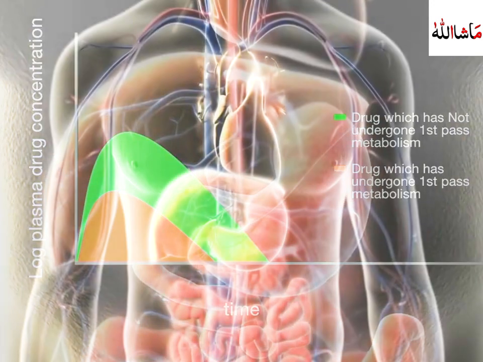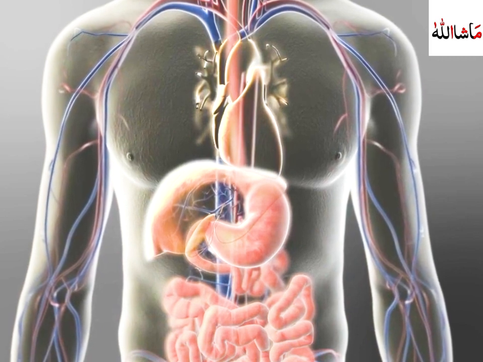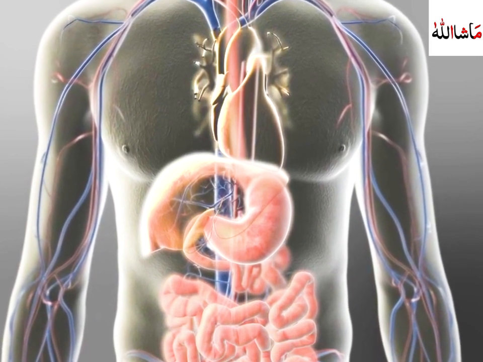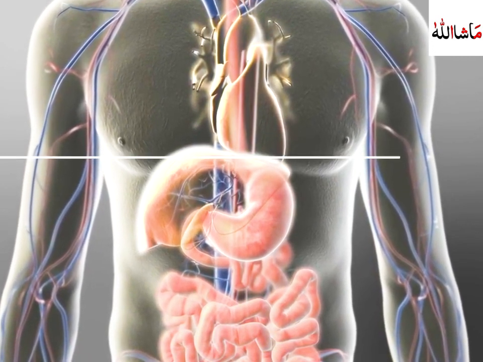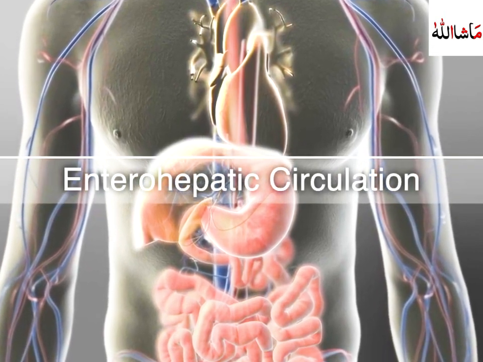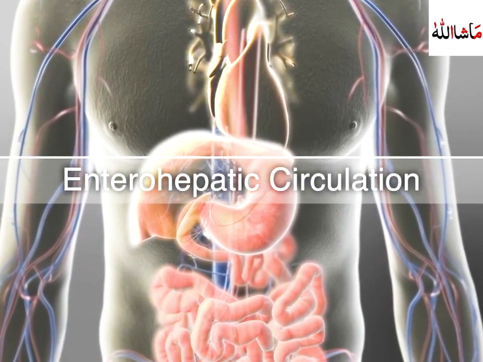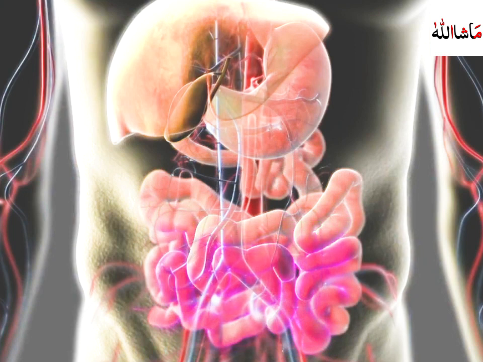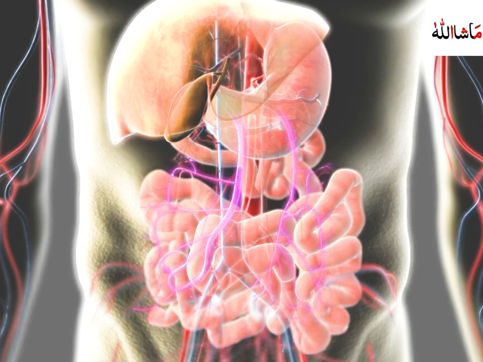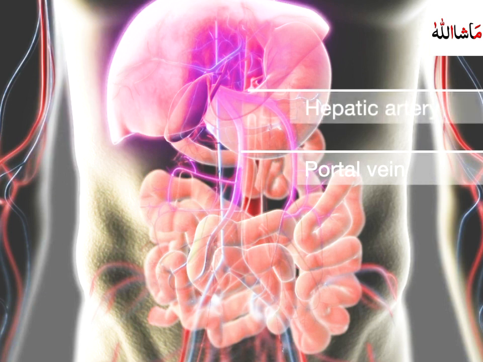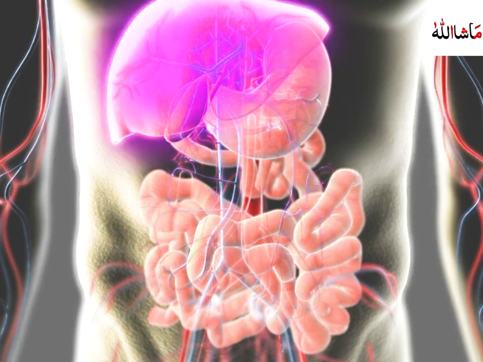The second process that may alter the plasma concentration and the duration of action of drugs is their sequestration into the enterohepatic circulation. Here, as indicated in the pink color, some drugs or drug metabolites that enter the liver through either the portal vein or the hepatic artery can be transported across cells lining the bile ducts and into the bile.